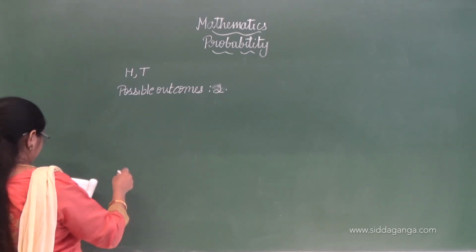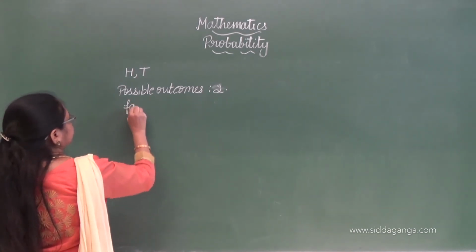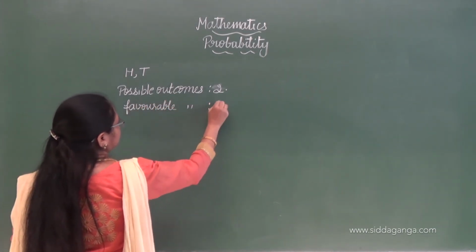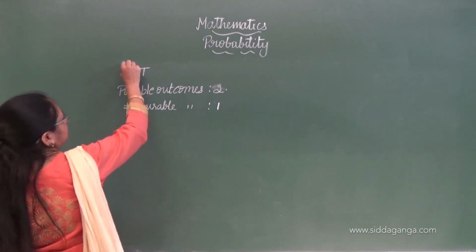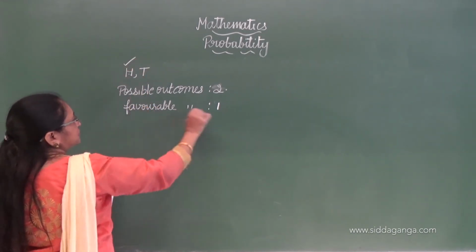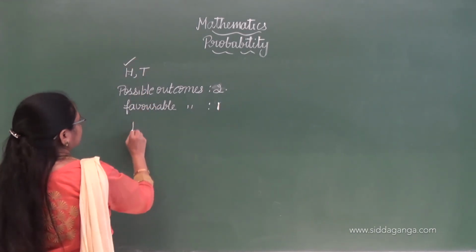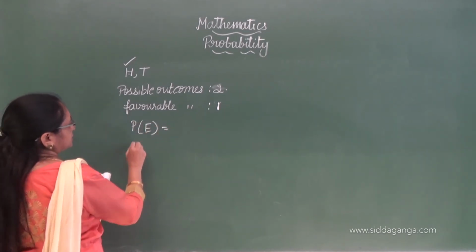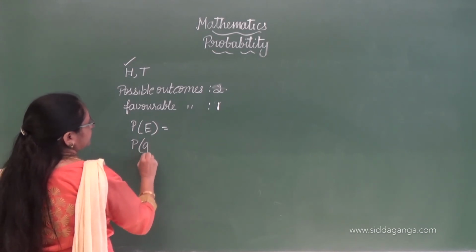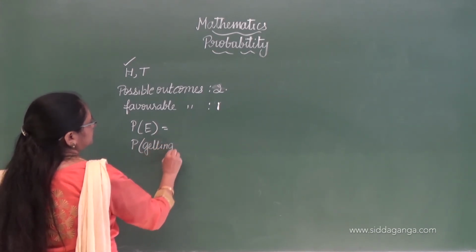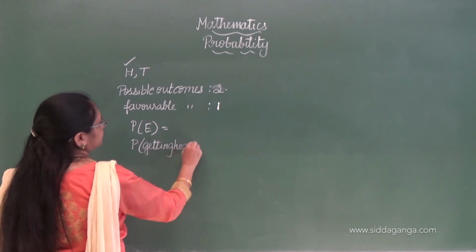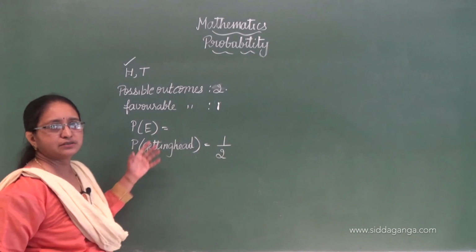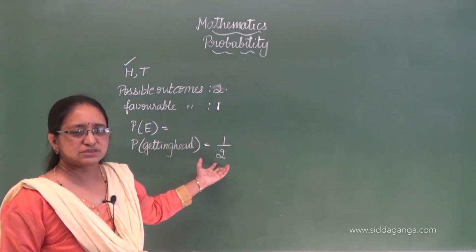Then find the probability of getting a head. So favorable outcome is 1. Getting a head means only 1, understood? Therefore probability of an event, getting head, is equal to 1 by 2. You know the formula. You have to write the formula also, but this is an example.